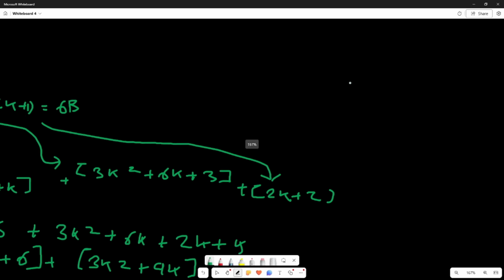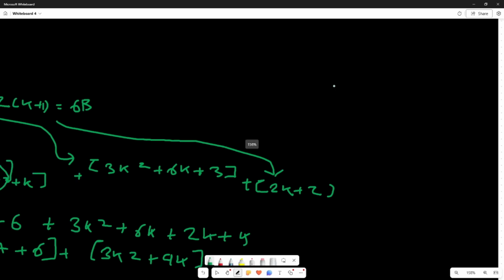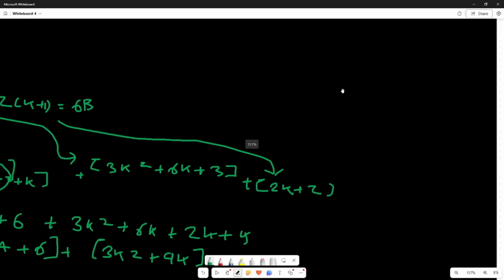So what we do here is we have to also simplify it further. So we've got 6a plus 6 here.